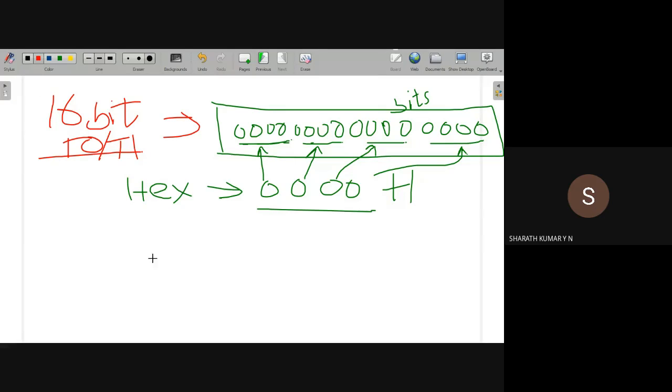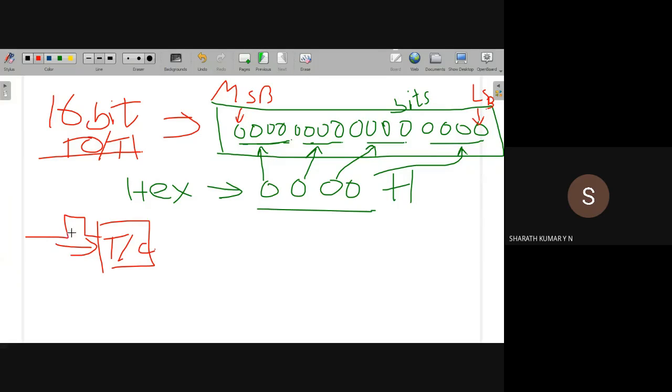For the timer or counter hardware, when one clock pulse comes, the count increases by 1. This is the MSB and this is the LSB.